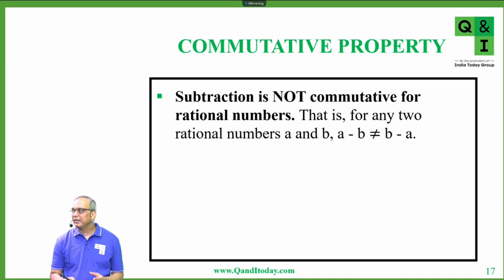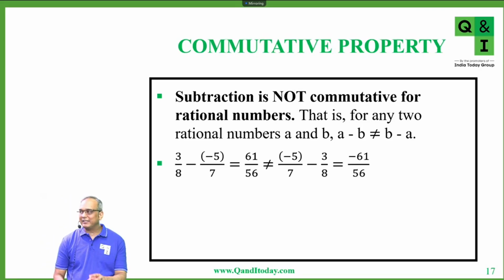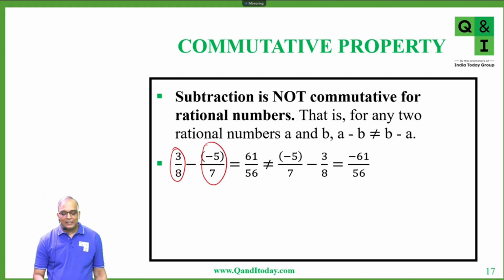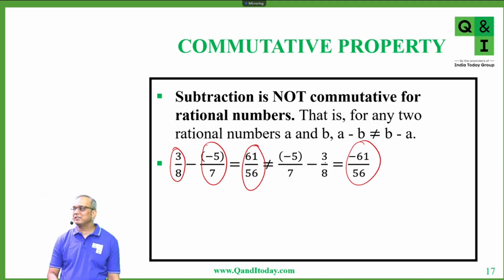That is, for any two rational numbers a and b, a minus b will not be equal to b minus a. For example, if we take 3 by 8 and minus 5 by 7, the difference 3 by 8 minus of minus 5 by 7 is 61 by 56, but minus 5 by 7 minus 3 by 8 will be minus 61 by 56, which are different.